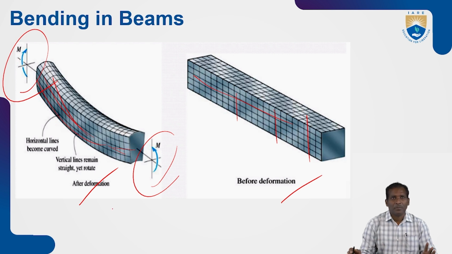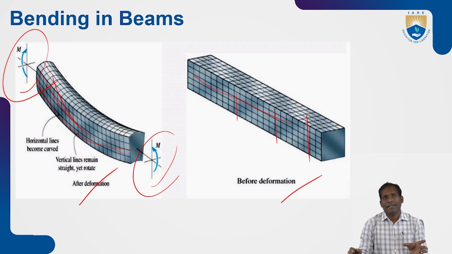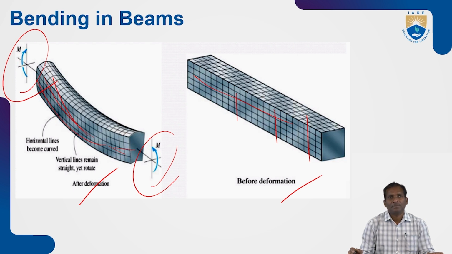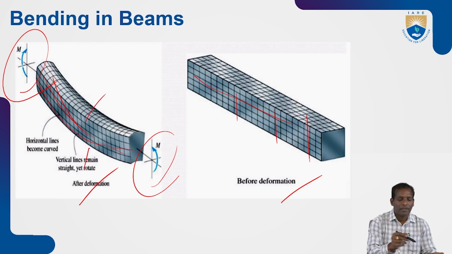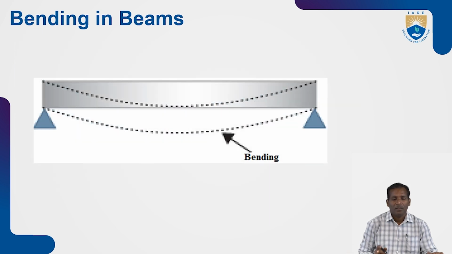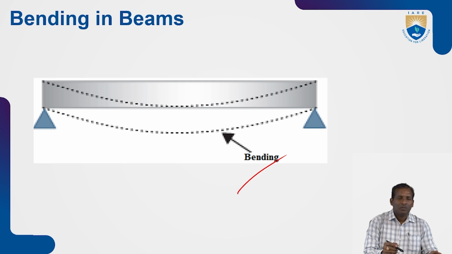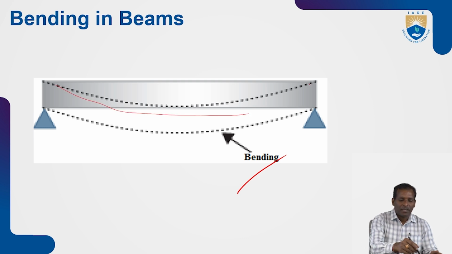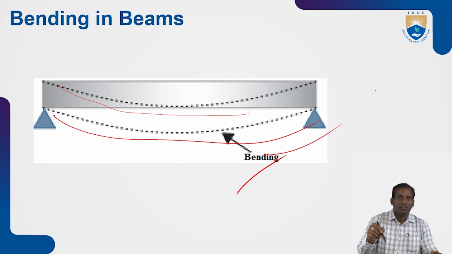Some deformation occurs in the beam, at the top and bottom, but at the center of the beam there is no deformation. I will show you the diagram. After loading, the bending is like this, with some curvature, so the horizontal lines are converted into curved lines.